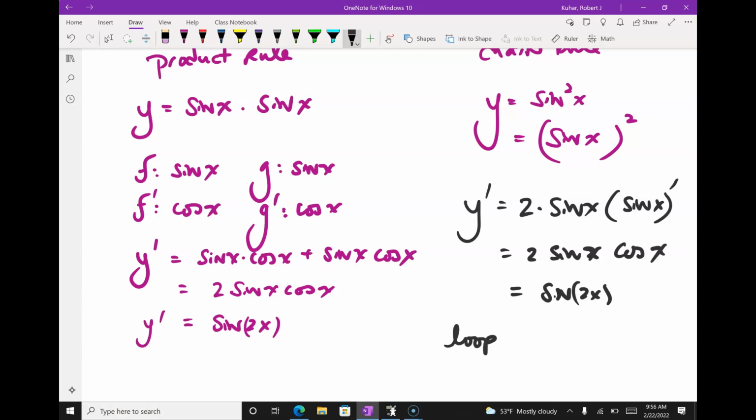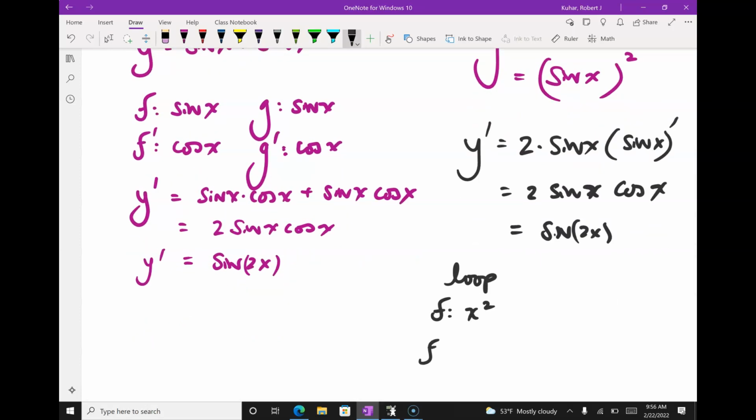So my loop, I'm thinking the outside function is x squared, right? I see something squared, so just call it the general something squared, which is x squared. And what's my derivative of x squared? 2x, right? And I've got the inside function as sine of x, and the derivative of that is cos of x.